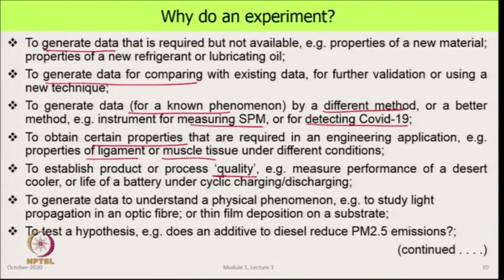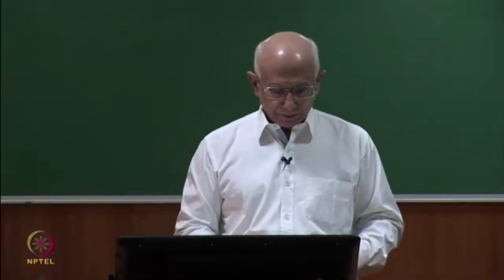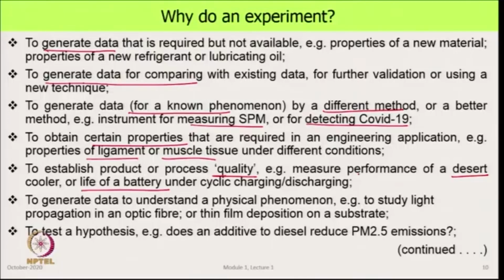Say I want to quantify how good is a desert cooler, or I want to design an experiment to tell me what is the life of a battery under different charging discharging cycles. This is very important these days when you are talking of electric vehicles and a lot of other things.